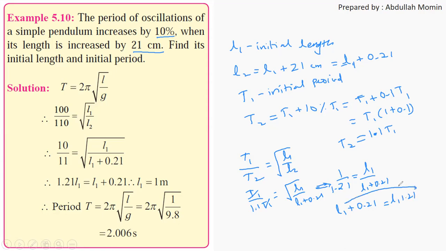When L1 goes to the other side of the equal sign, we will get 1.21 L1 minus L1 is equal to 0.21, that is 0.21 L1 is equal to 0.21. So we will get L1 as 1 meter, and when you put this in the equation for T1, you will get T1 as 2.006 second.